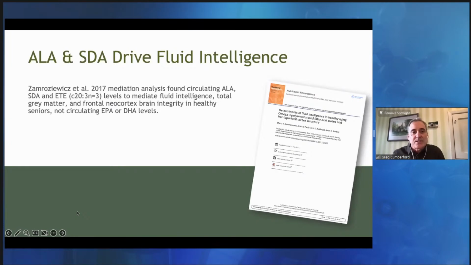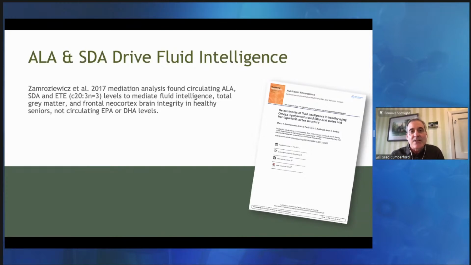Then there was also a study that came out in 2017 looking at endpoints in terms of why we think it's important to increase DHA either through supplementation or biosynthesis.